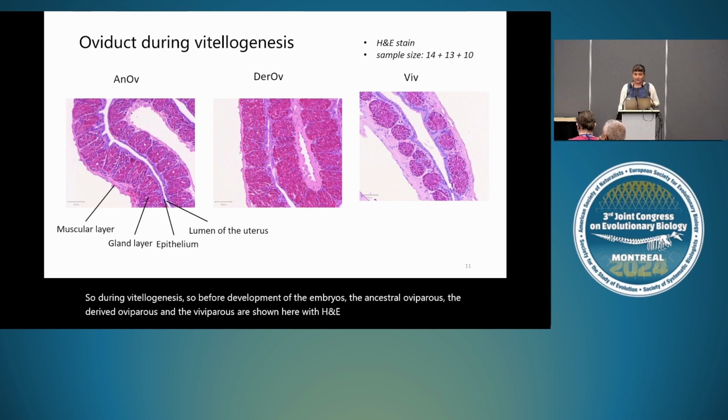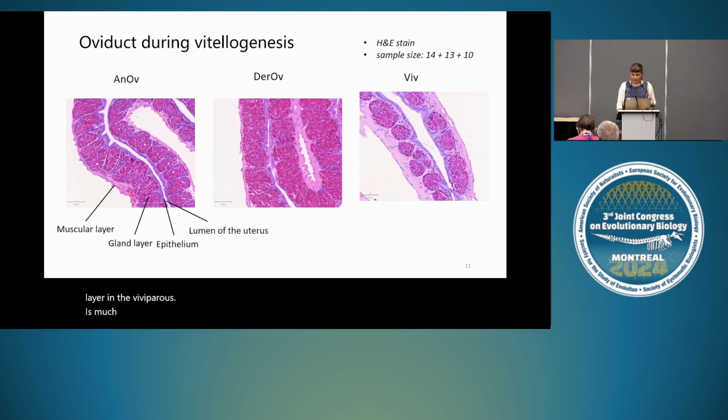And the key points I want to identify for you are we have a much thicker gland layer. That's these large cells that we see in both types of oviparous. And these are much reduced in the viviparous. And in contrast, the muscular layer in the viviparous is much thicker, and it is thinner in the oviparous.